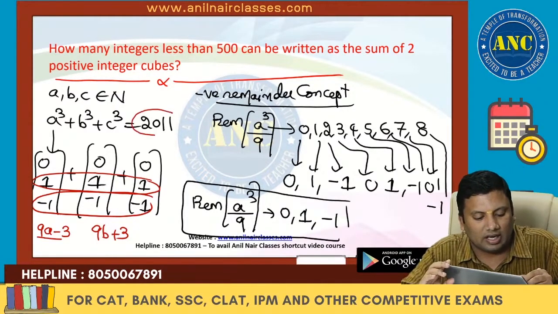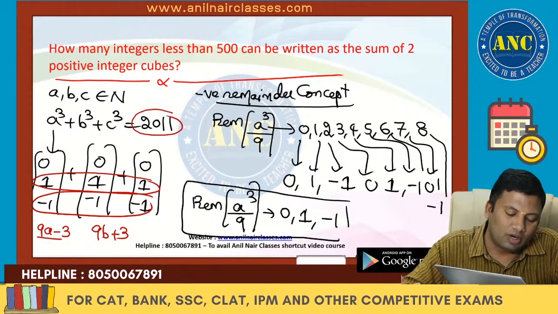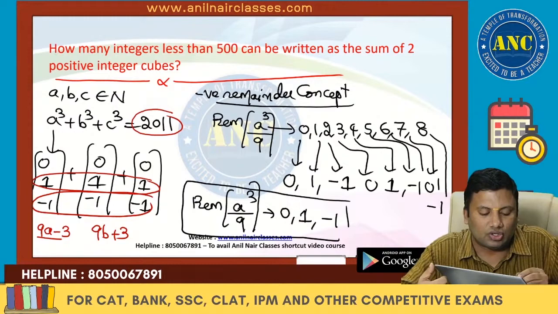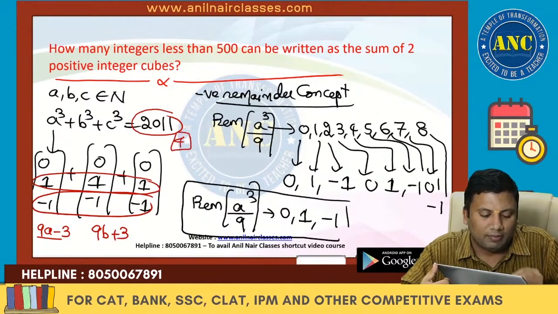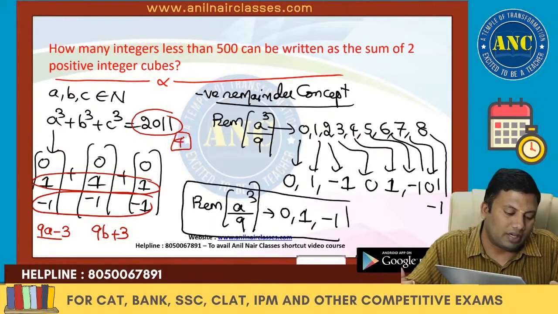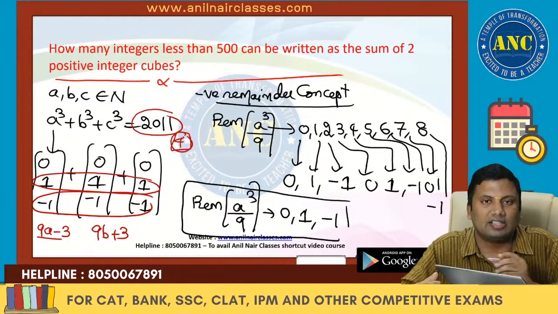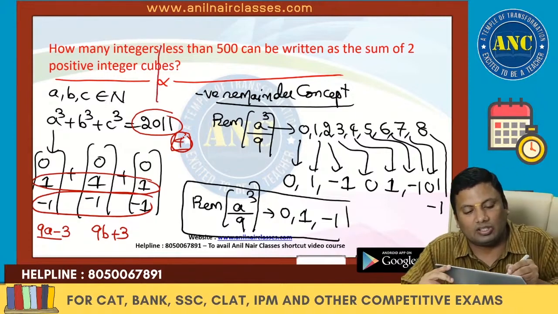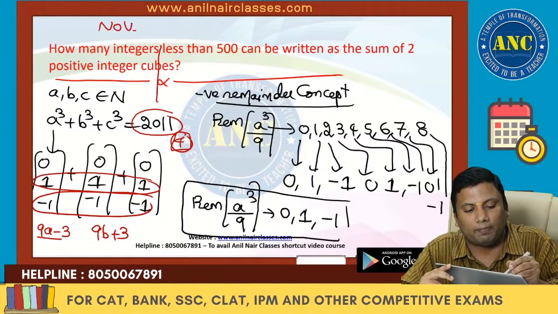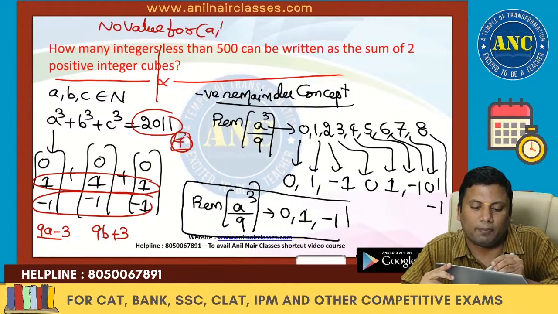But what is the remainder when 2011 is divided by 9? What is the divisibility rule of 9? Sum of the digits should be divisible by 9. That means here the left hand side remainders are from minus 3 to 3, but the right hand side it is nothing but 4. Answer is no value for A, B, C possible.